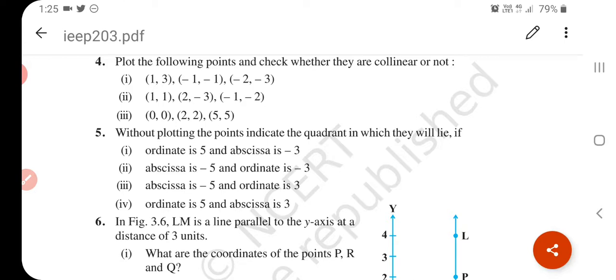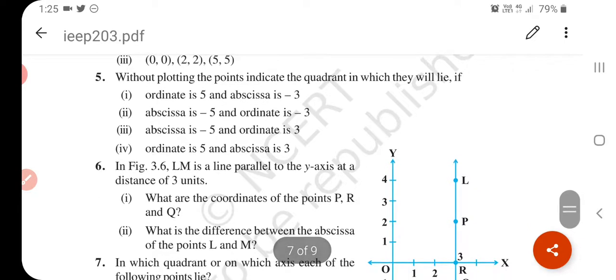Then abscissa is -5 and ordinate is -3. Both are negative, so it's the third quadrant. (-5, 3): abscissa is negative, so it's again the second quadrant. And (3, 5) is the first quadrant.